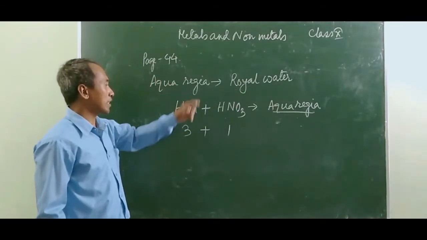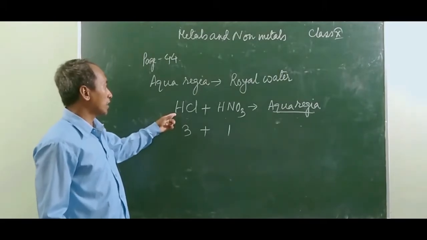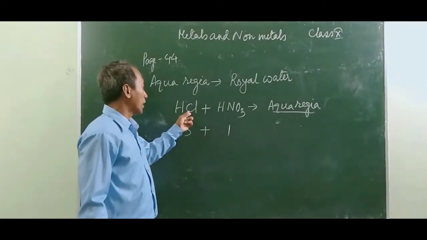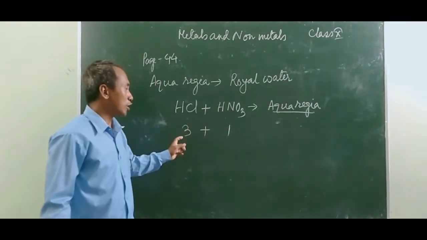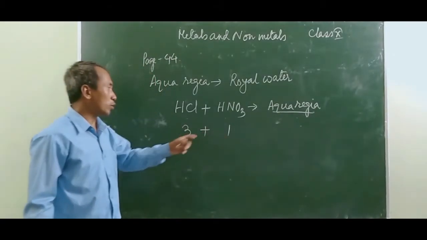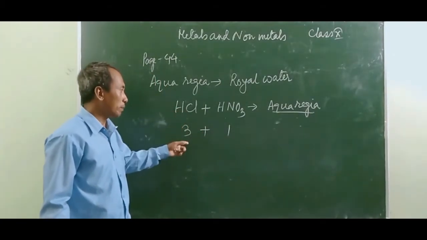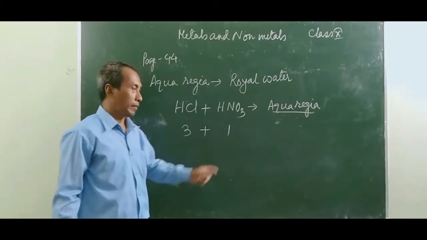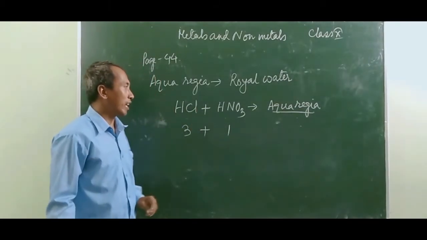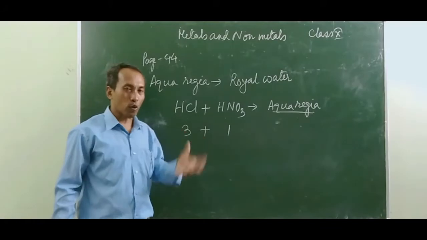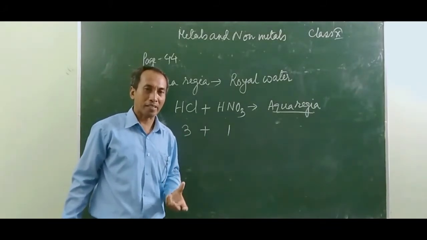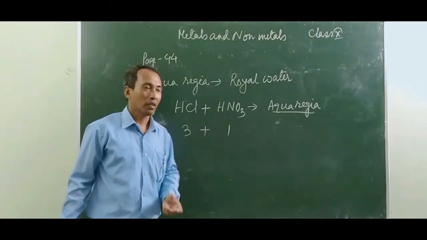In Latin it is called royal water, and it is formed from HCl and nitric acid in the ratio of 3:1. Now this Aqua Regia is such a strong substance that it can even dissolve gold.